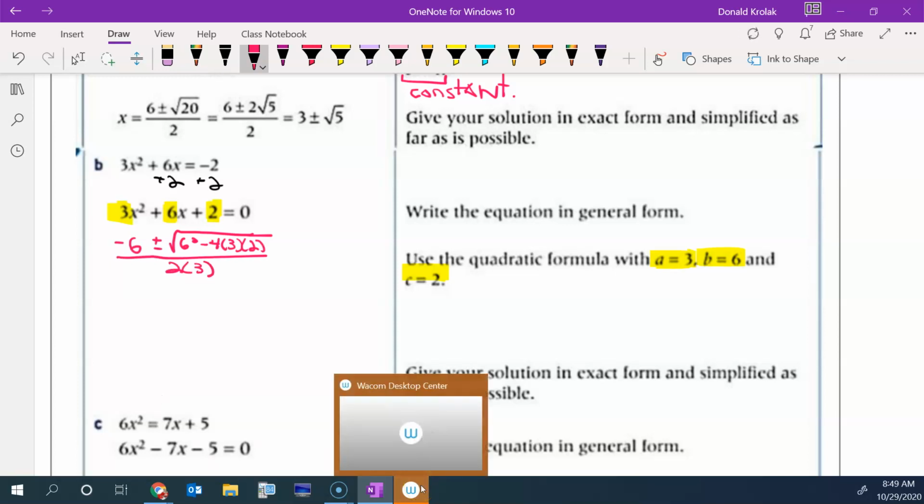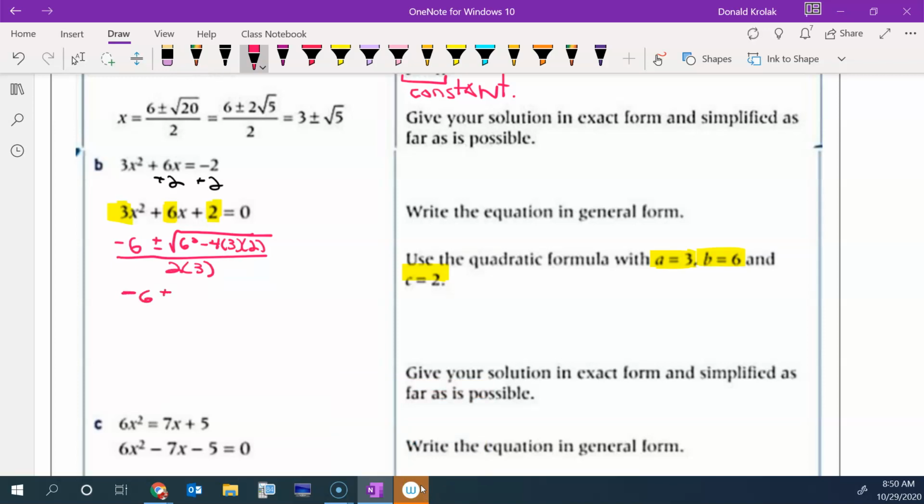And then all it is, is working the numbers. I usually do this all in one step. 36, take away 4 times 3 is 12, times 2, 24. So this is going to be root 12.